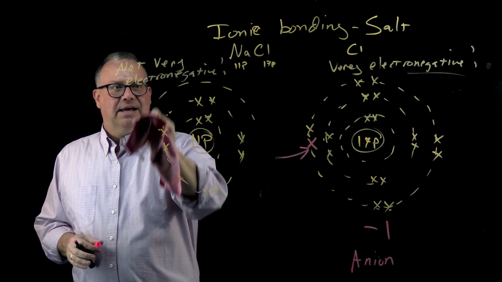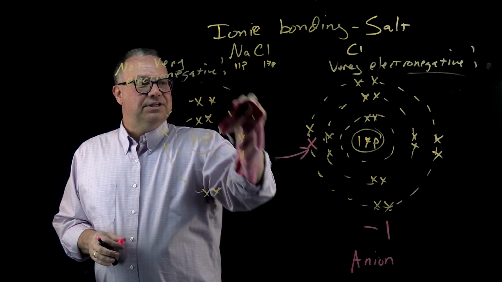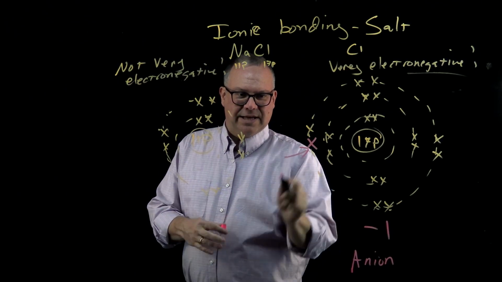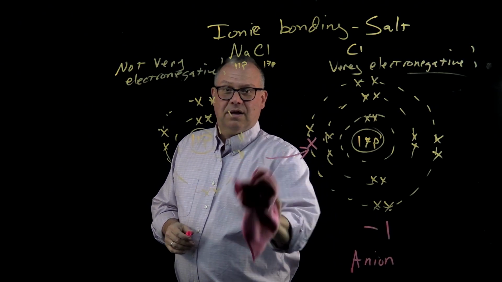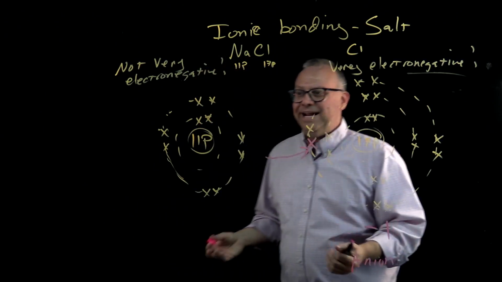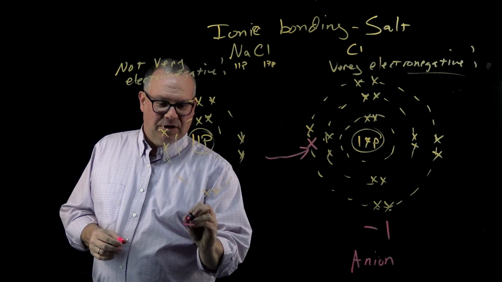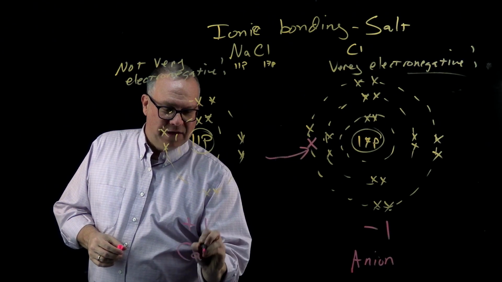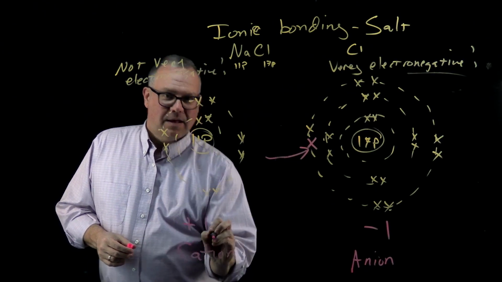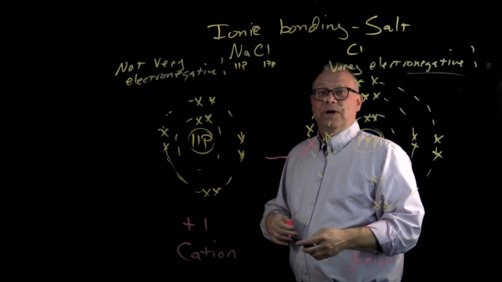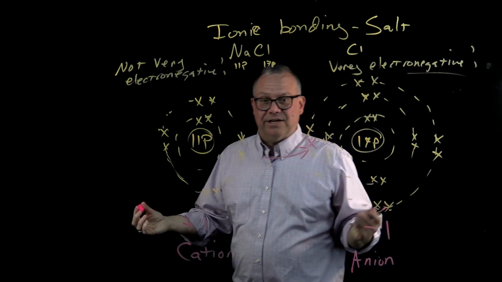The shell goes away because its electron has moved over. So now it has 11 protons and 10 electrons. It has a charge of +1. We would call that a cation.